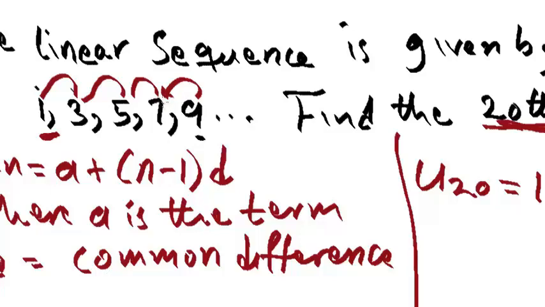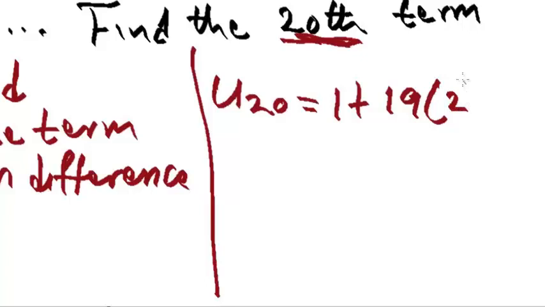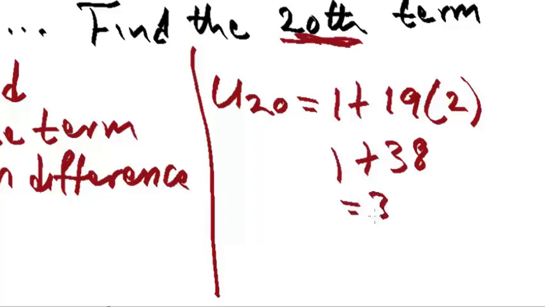Any of them you get 2. So the common difference is 2. And then here we are getting 2 times 19 is 38. Then we have plus 1, and that is equal to 39. So the term at the 20th position is 39.